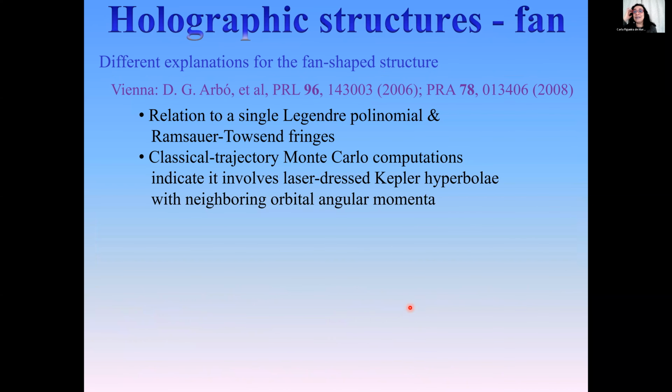Let's start with the fan, which were those fringes close to the ionization threshold. There have been in the literature, actually because of the lack of transparency of some methods, different explanations. The people who were using just classical trajectories, or who were using methods like Coulomb Volkov approximation, say this is a resonance.